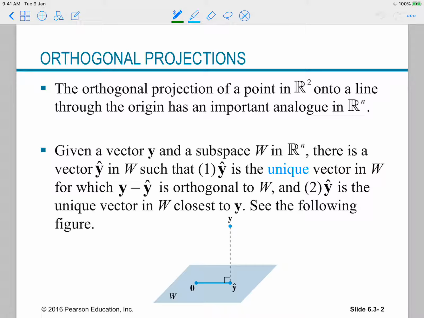Now let's extend a little bit more about this orthogonal projection, but we already studied about it. I think we don't have much to study additionally in this chapter, but it's a kind of generalization to larger dimensional subspaces. Okay, so here, we are given a vector Y and also the subspace.